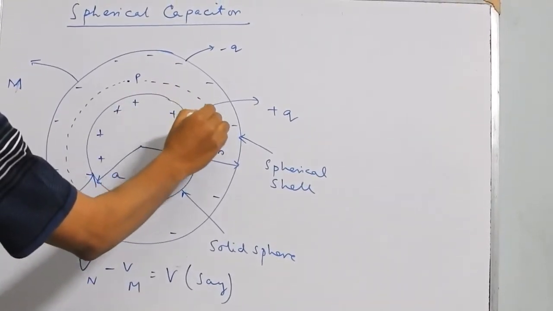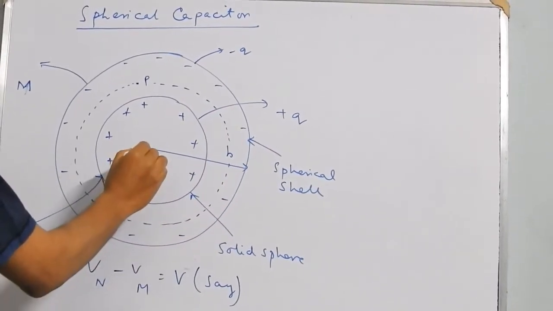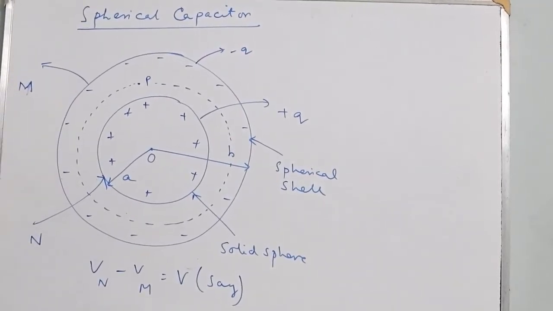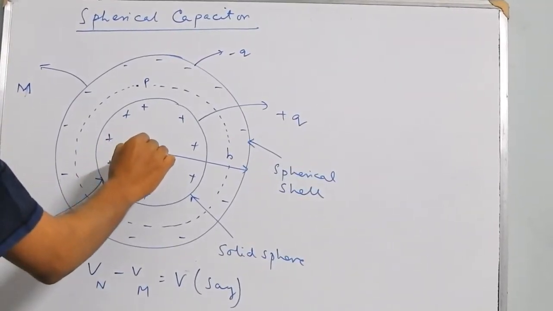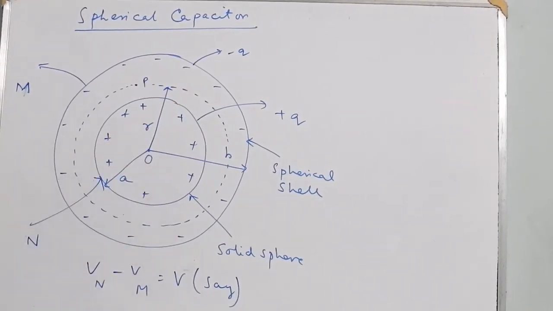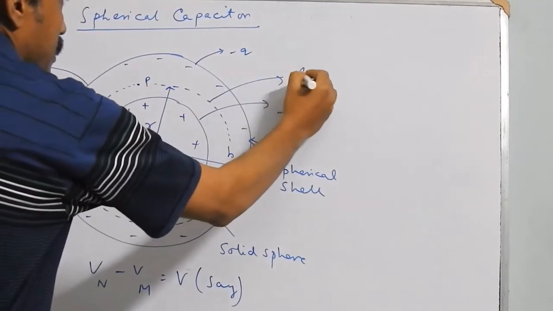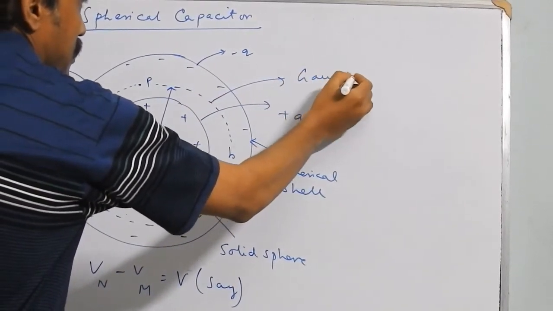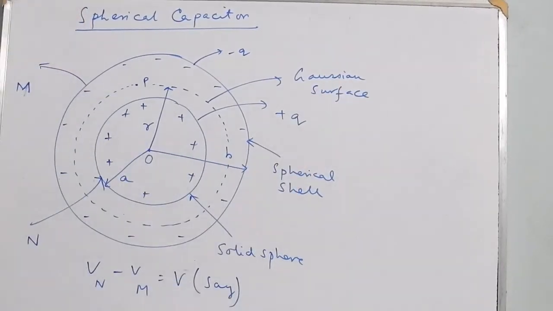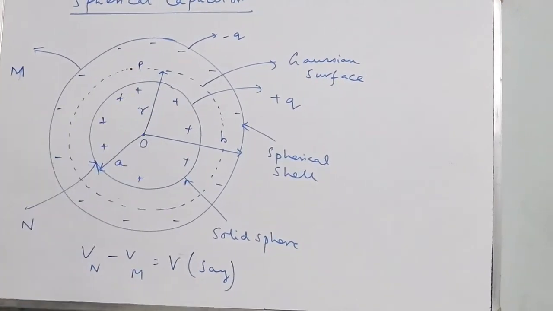This Gaussian surface is assumed to have a radius r with respect to the center O, because all the spheres are concentric. This dotted sphere is the Gaussian surface, which is in the shape of a concentric sphere of radius r.